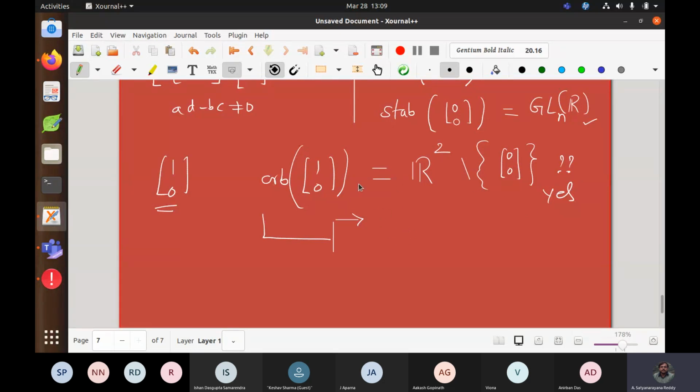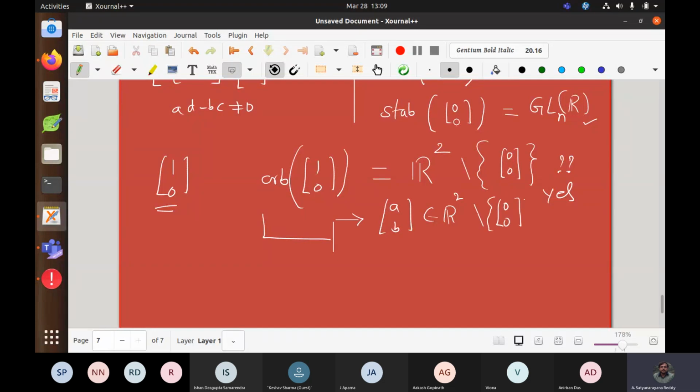In order to show this, what do I have to show? If I take any element here, there is a group element which takes 1, 0 to that element. Hello, are you there? Yes, sir. I take (a, b) belonging to R2 minus 0, 0.